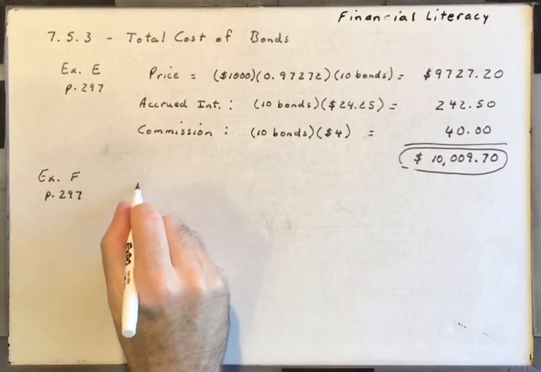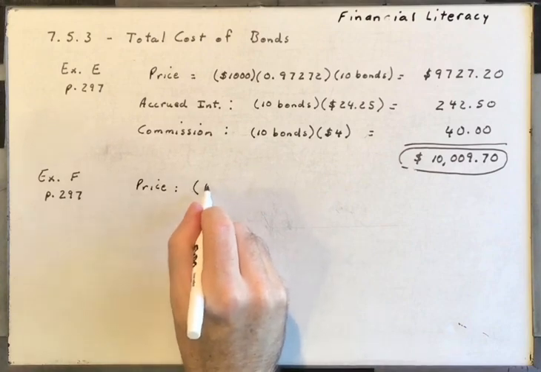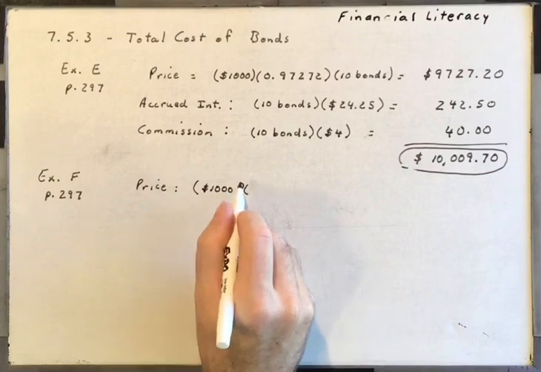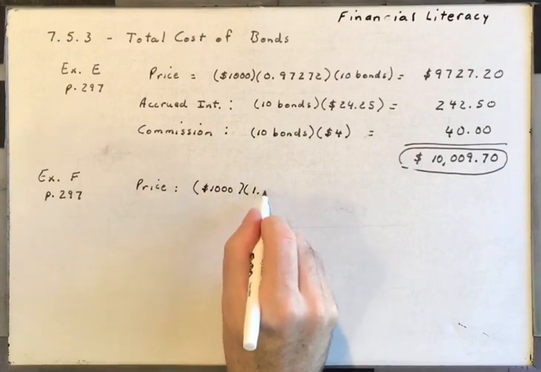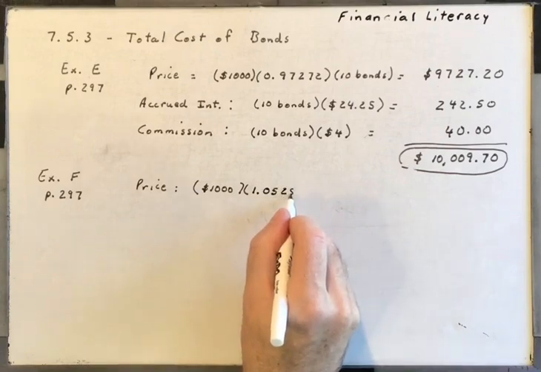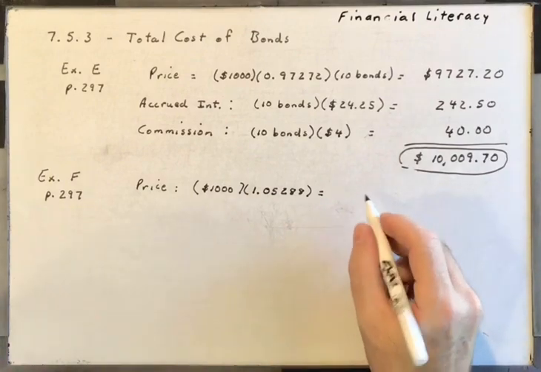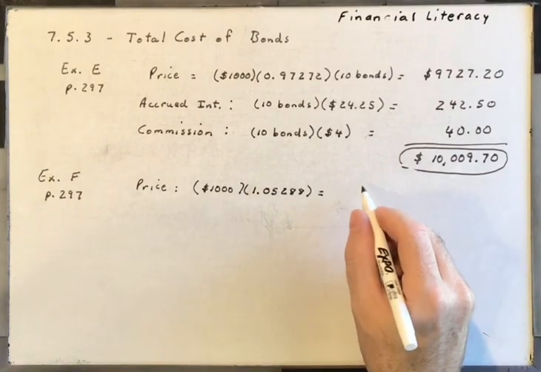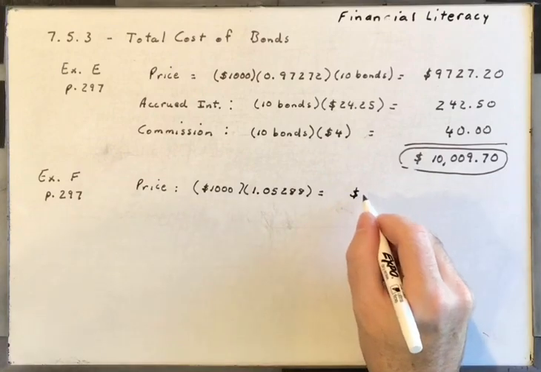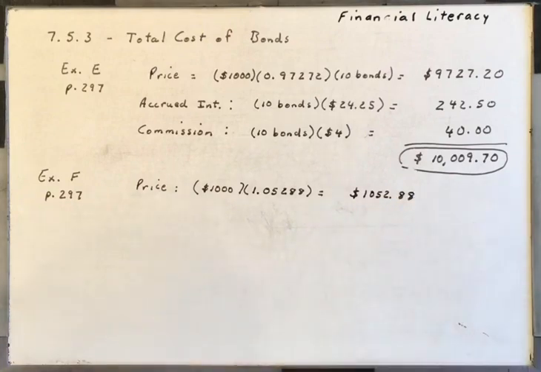All right, the price. So 1,000. Now they're not always $1,000. Be careful there. Sometimes they're a different price. He bought these at a premium, 1.05288. Bonds are fancy, aren't they? So $1,052. So it's just one bond. It says price per bond. $1,052.88.